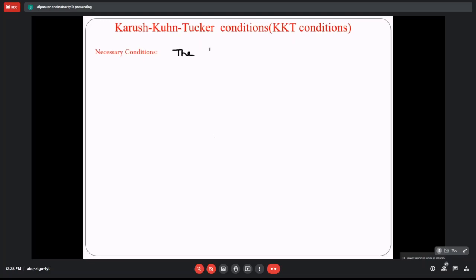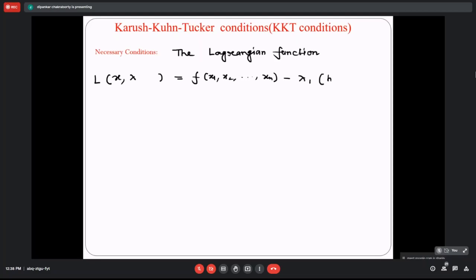So the Lagrangian function L of x, lambda is the function f of x1, x2, ..., xn minus lambda 1 into the first constraint, that is h1 of x1, x2, ..., xn plus s1 squared minus b1.